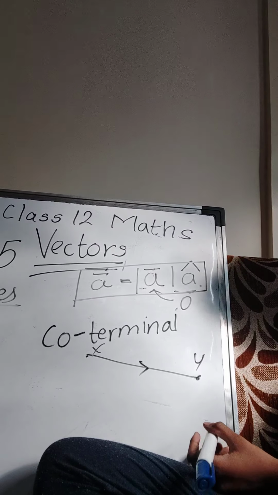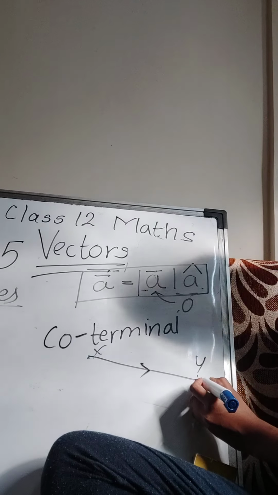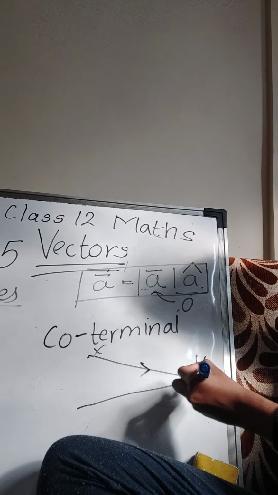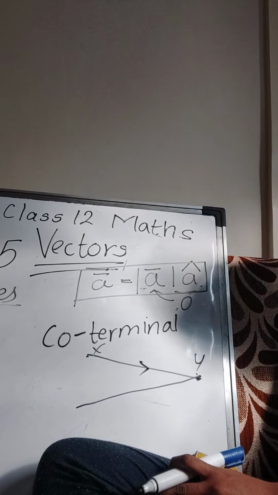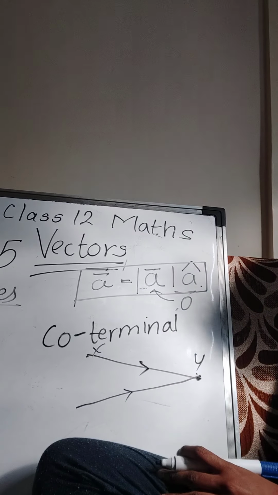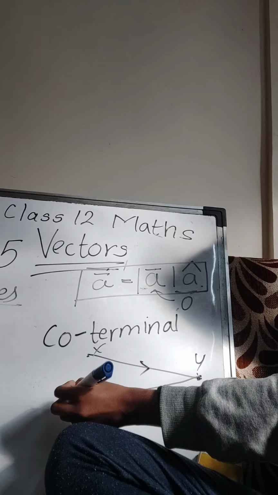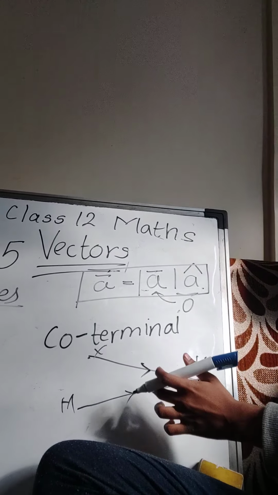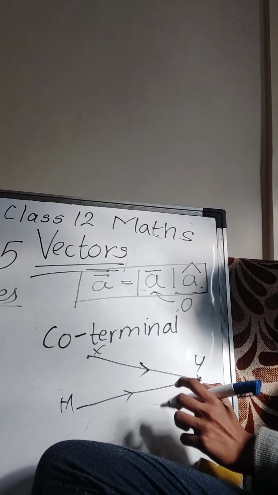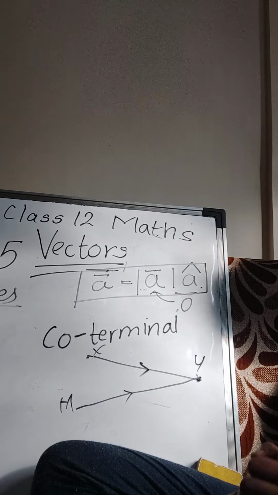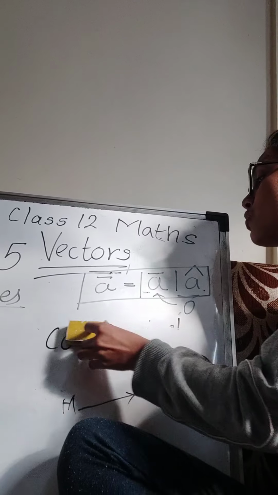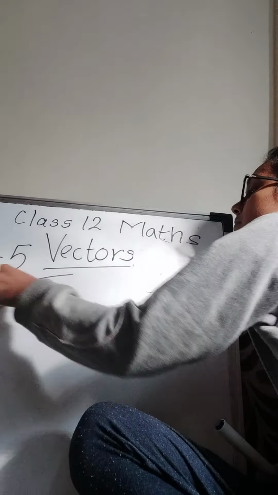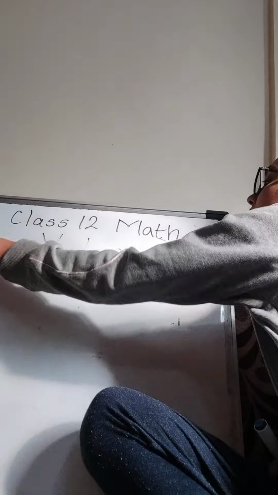Okay, and from this terminal point, if I take another vector which has the same terminal point, my bar, then these two, XY bar and MY bar, are co-terminal vectors. Very simple. So now you understood all the types of vectors. Brilliant.